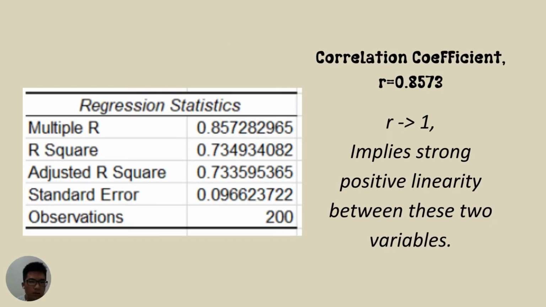From Microsoft Excel, we get the regression statistics table. The correlation coefficient R equal to 0.8573. If R equal to 1, it means there is a strong positive linear relationship between the two variables.